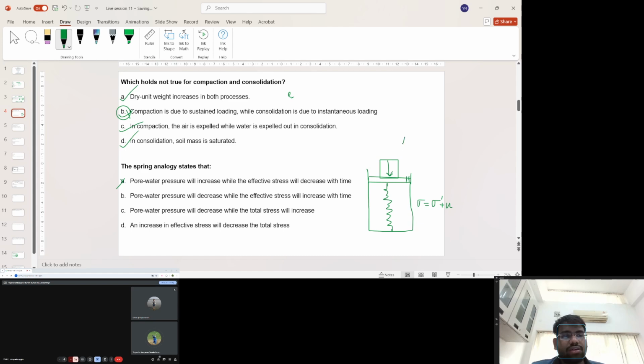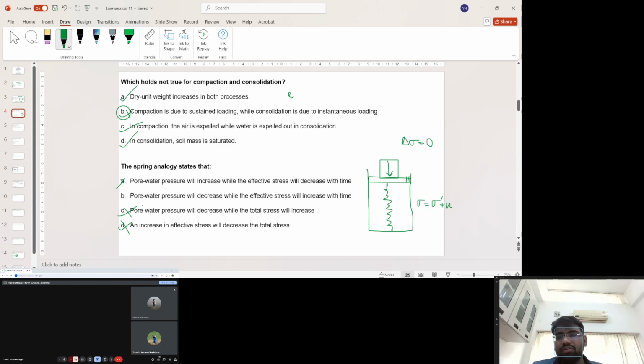Hence, the change in total stress will be 0. Please listen carefully: the change in total stress will be 0 during the process. Hence, the option saying total stress changes is also wrong.